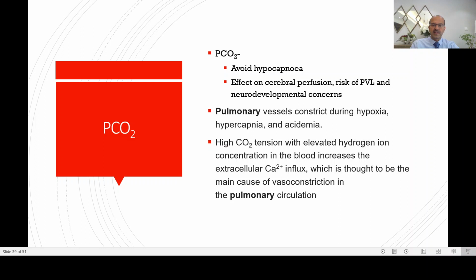This applies very importantly for babies with diaphragmatic hernia as well, where you accept a slightly lower pH, you accept a slightly high PCO2 when you want to avoid overdoing ventilation. So the high carbon dioxide tension with elevated hydrogen ion concentration increases the extracellular calcium influx, which is thought to be the main cause of vasoconstriction in the pulmonary circulation.